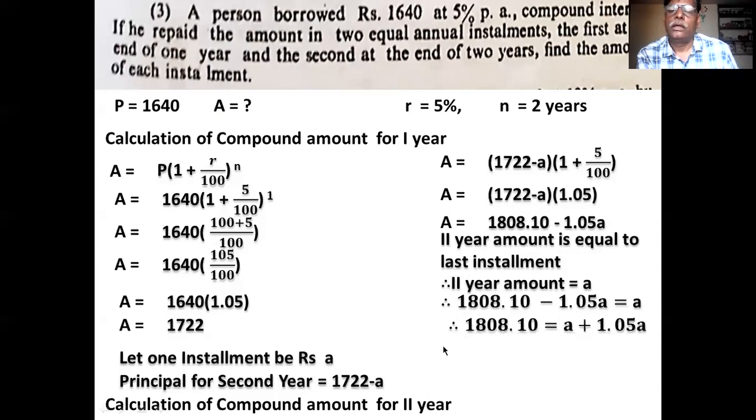In the next step, you take the total of A plus 1.05A. What is the total of this? Anyone tell me? Is it possible to tell me the answer or not?